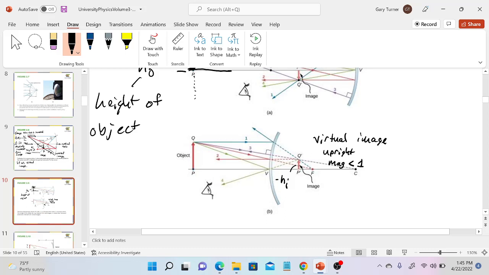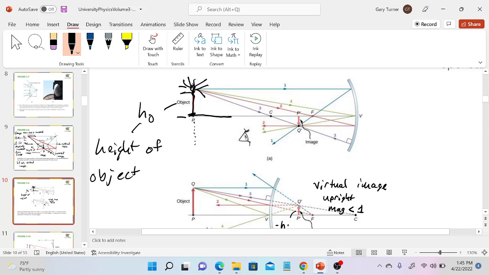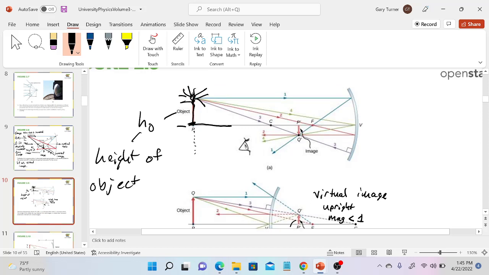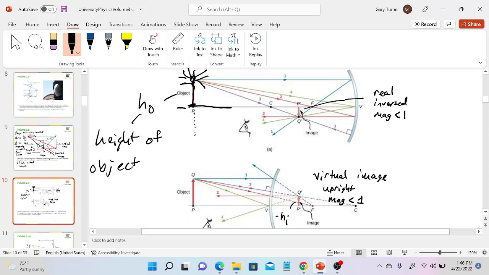Okay, this image up here is going to be real, inverted, and a magnification less than 1. So your magnifications are really going to be dependent on where your object is. Okay. Now mirrors have a formula, right?